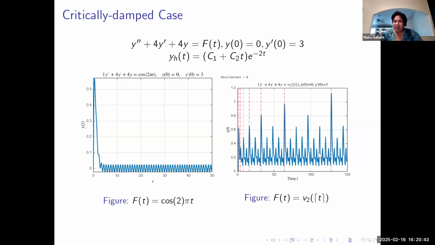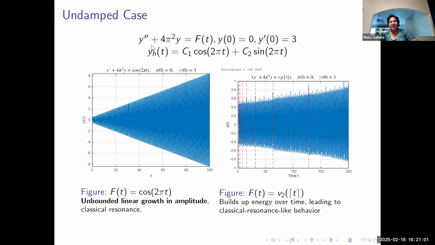Now, get ready for the next picture. So we saw the overdamped, the underdamped, and the critically damped. From our ODE classes, the next interesting thing happens when you have an undamped case. Okay, so there will be no first derivative term. Look at that. The left-hand side is a resonance.